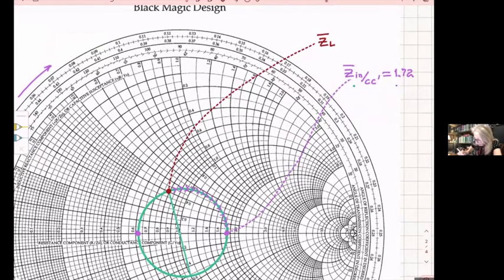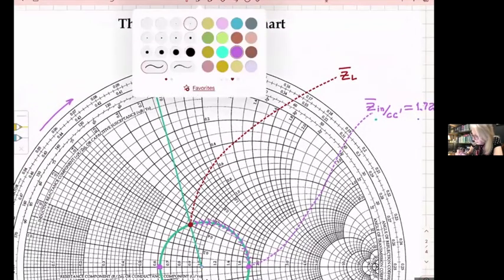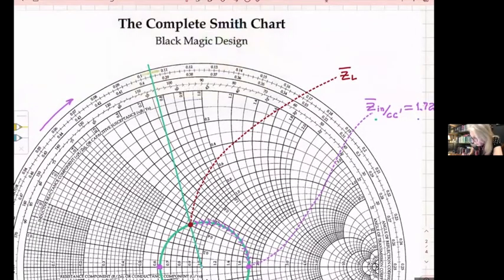If I connect this point, the red one, with the center, and I extend it until here, I will read what it says here.